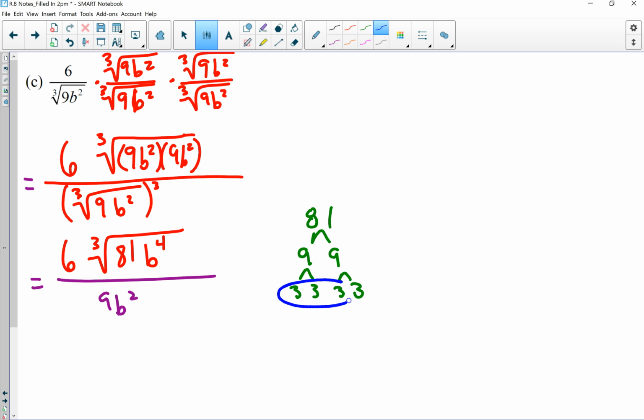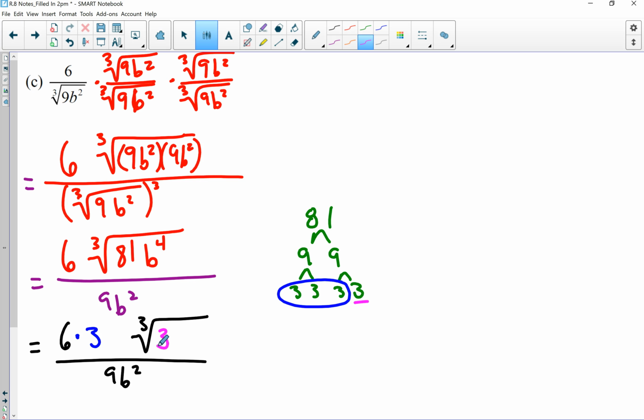You look for a triple set of the same number. So I have a triple set of 3s. So what I can do, let me write down what's still there. So all these things still stay there. And then I'd have a cube root. So I can pull that triple set of 3s outside my cube root, but I would still have this single 3 that's going to need to stay inside my cube root.